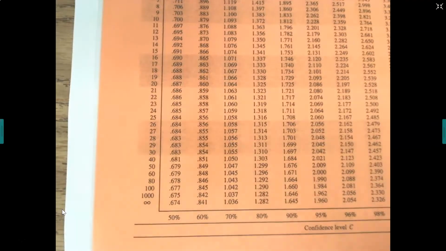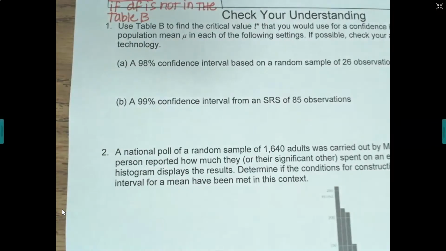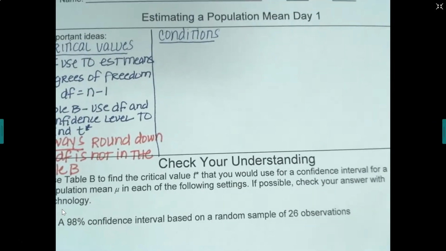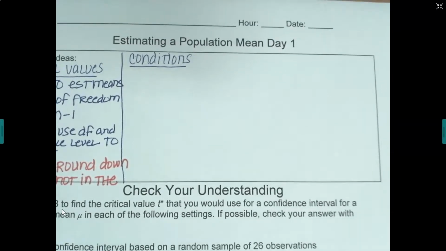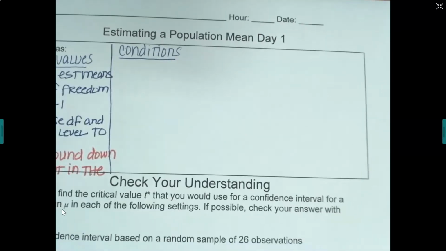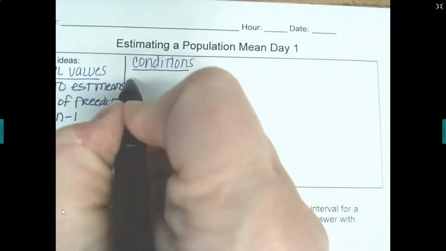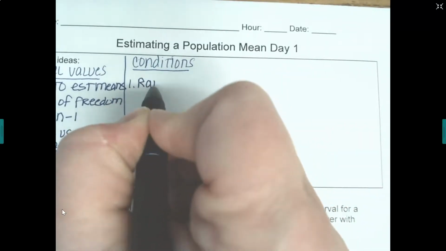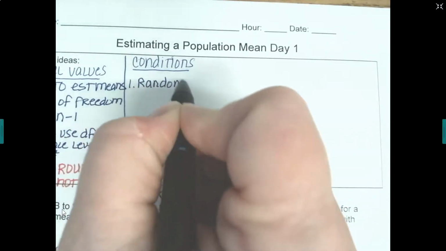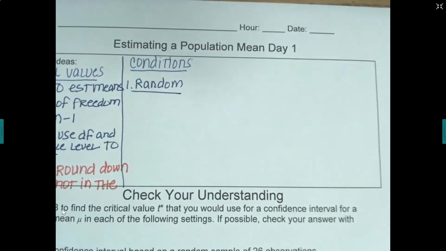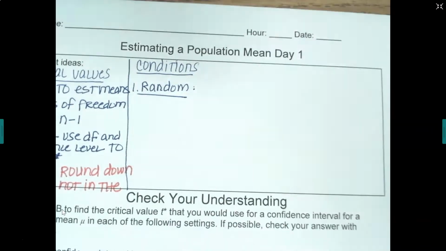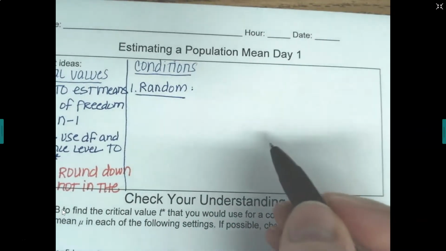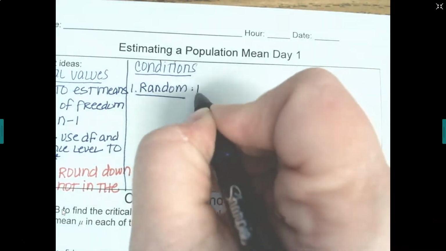Okay? All right. Then our conditions. They're pretty much what we've been talking about. We have our random. And random is so we can generalize to the population, a random sample. So you could really have a random sample or a random assign.